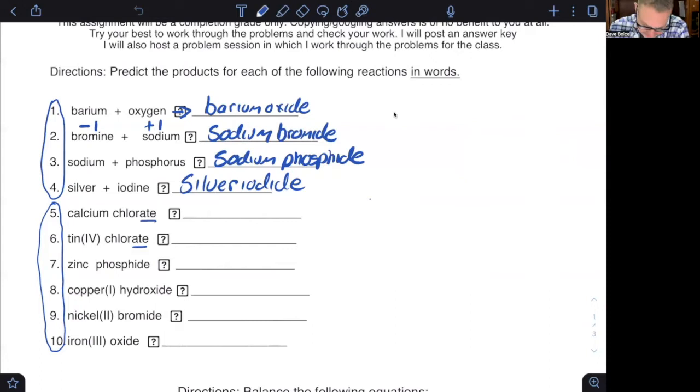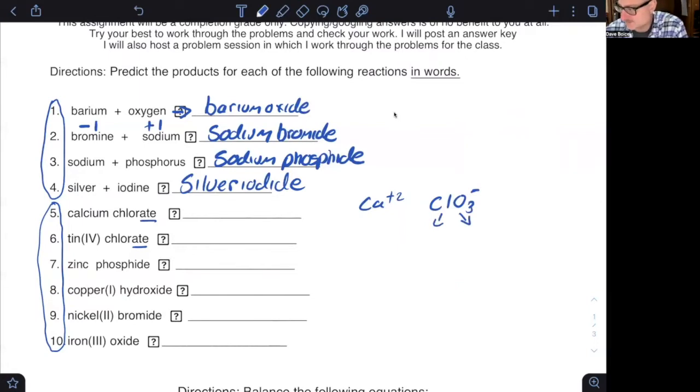Calcium has a +2 charge, and chlorate, as we just looked at before, is ClO3 with a -1 charge. Okay, so when this decomposes, the oxygen is actually going to split away on its own.